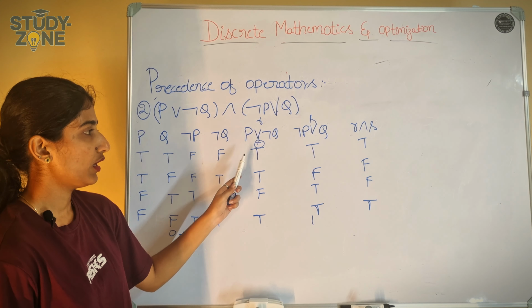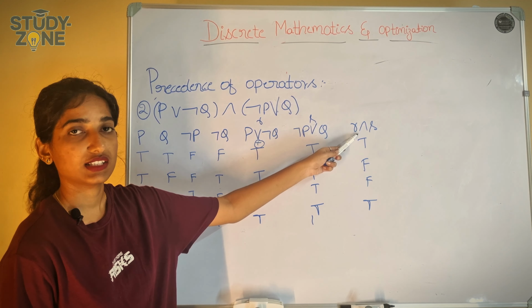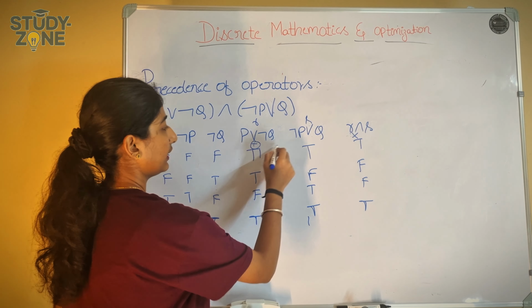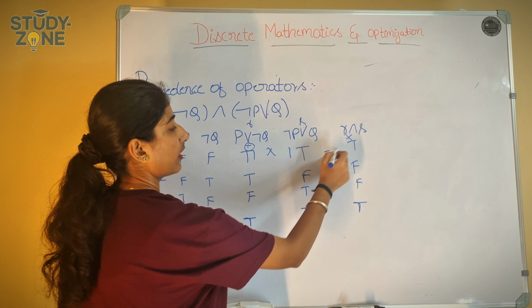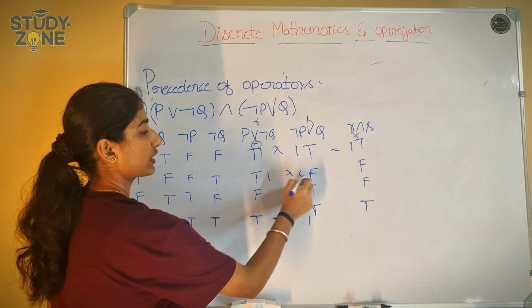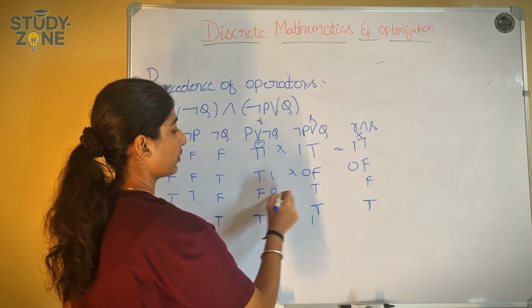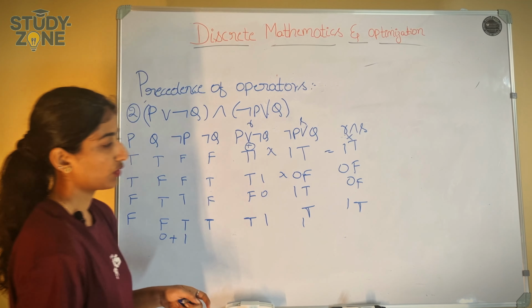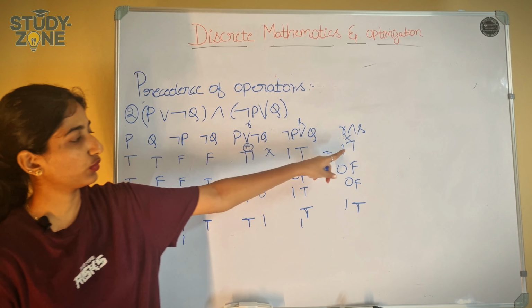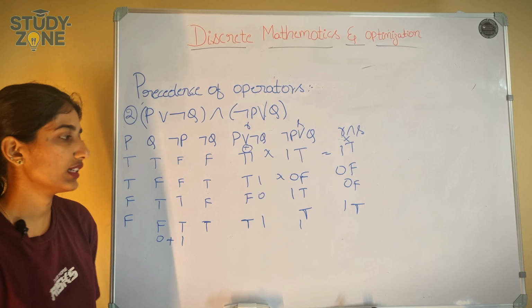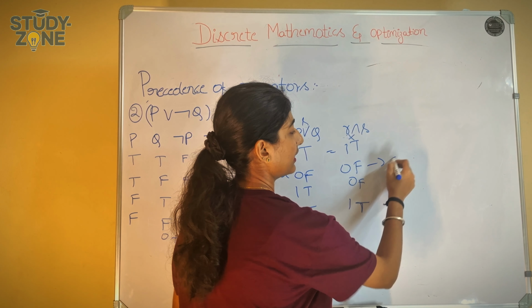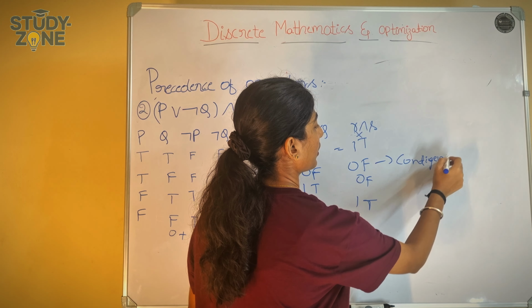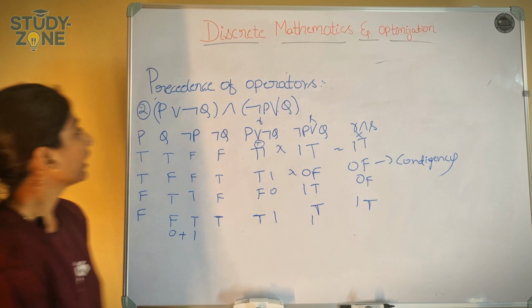So true, and here there is AND, which means multiplication. 1 into 1, what is it? 1, and then 1 into 0, 0, 0 into 1, 0, 1 into 1, 1. So here there is a mixture of both true and false. Then what is it? It is contingency.